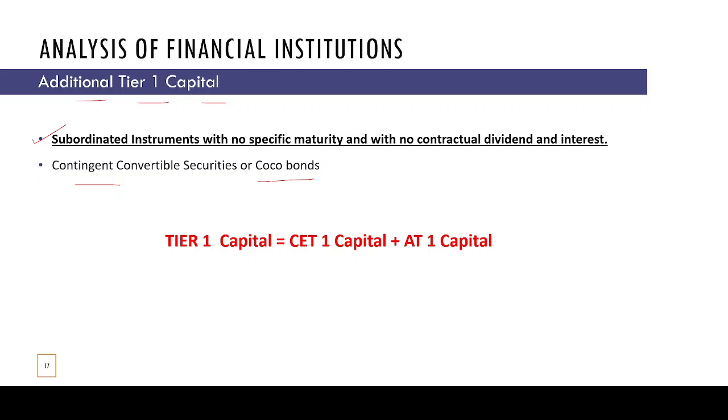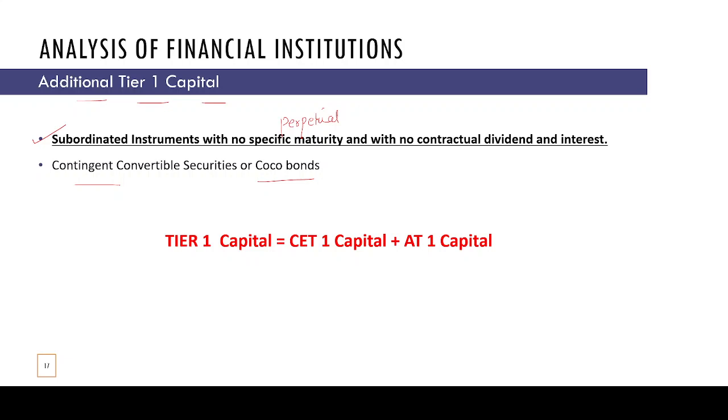Now, what are COCO bonds? COCO bonds are perpetual, they do not have any specific maturity, and they are a hybrid debt instrument, that is, they have features of both debt and equity, and they are issued by banks. And these COCO bonds are automatically converted into equity if a specific trigger event occurs.